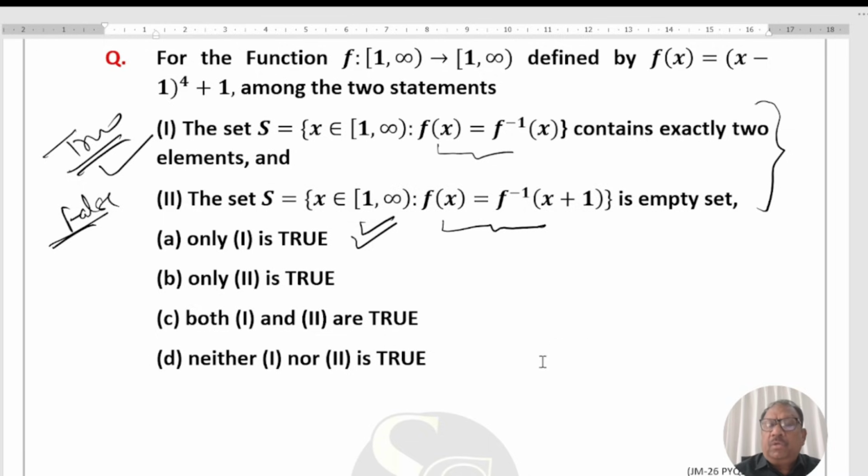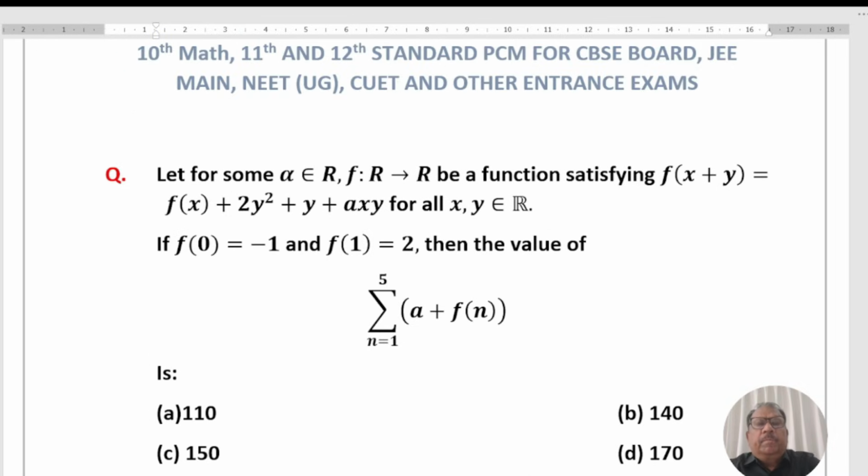Right? Next question. Let, for some alpha belongs to R, f: R to R be a function satisfying f(x plus y) equals f(x) plus 2y square plus y plus alpha xy for all x, y belongs to R. f(0) equals minus 1, f(1) equals 2, then we have to find the value of this. Four options are given, one of the options is correct.